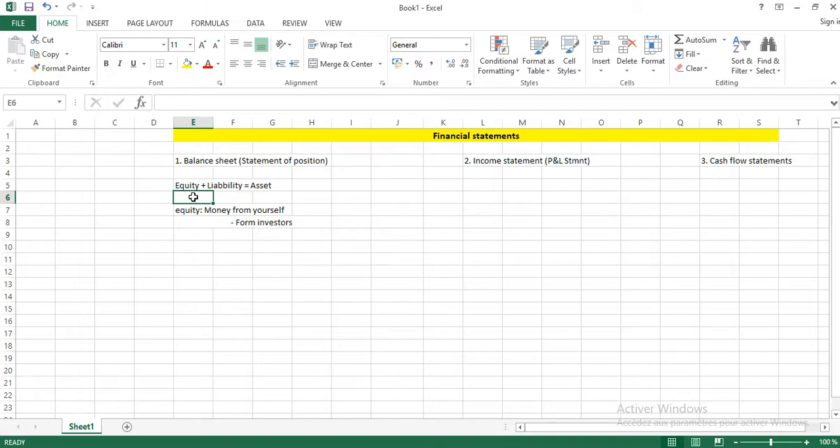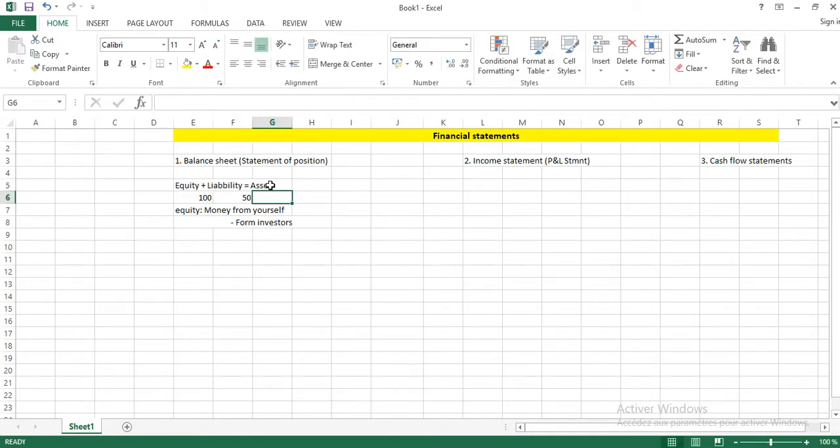All right, equity is the money from the investor. If anybody puts $100 in your business, you would consider that as equity. However, liability can be the loan from the bank. If you have taken $50 from the bank, it means you have $50 of liability that you have to pay back to the bank.